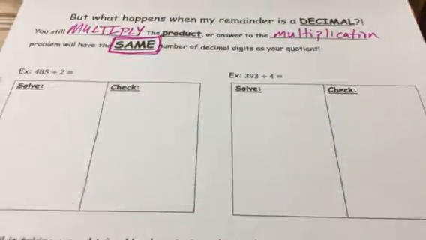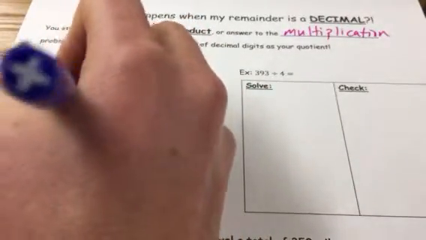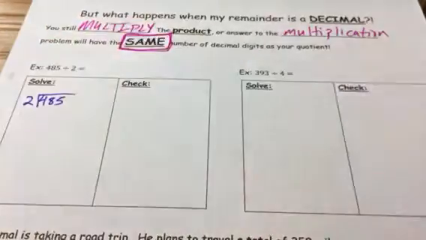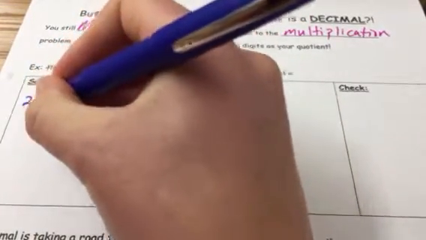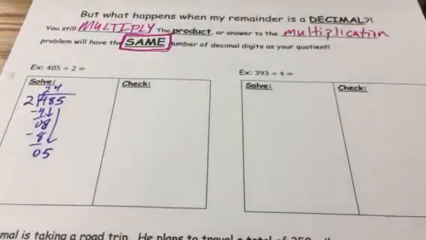So let's take a look. I've got 485 divided by 2. Let's go ahead and solve that first. We're going to go decimal route. Okay, so 2 goes into 4 twice. 2 goes into 8 4 times. Minus 8 is 0, bring down the 5. 2 goes into 5 twice.